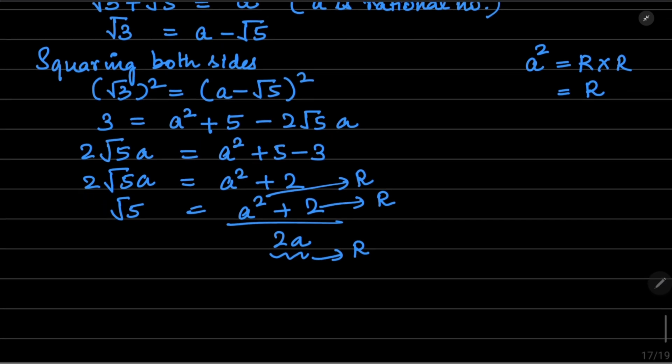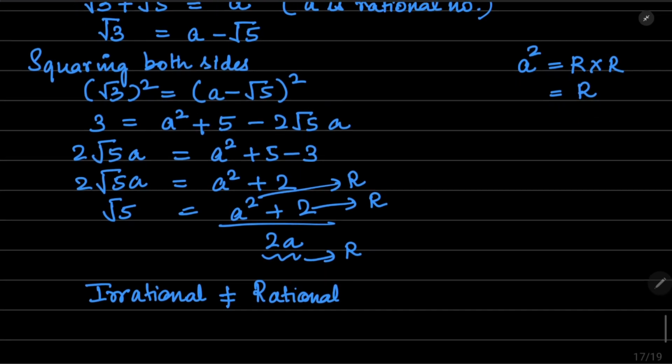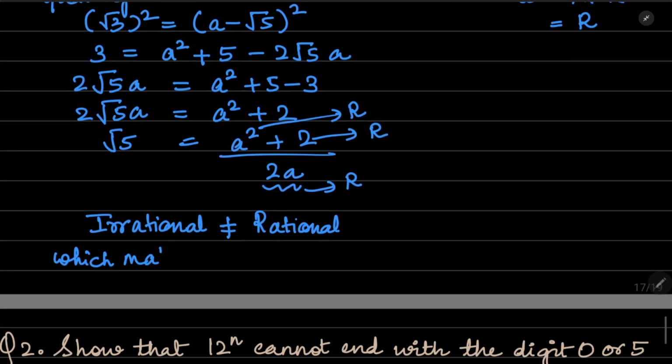But root 5, we know that this is irrational. So an irrational number cannot be equal to a rational number, which makes our assumption wrong.